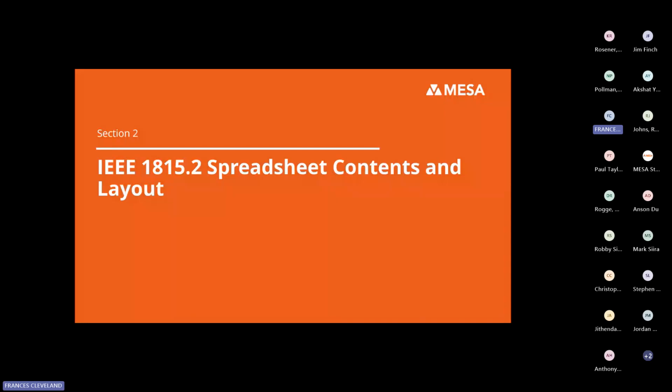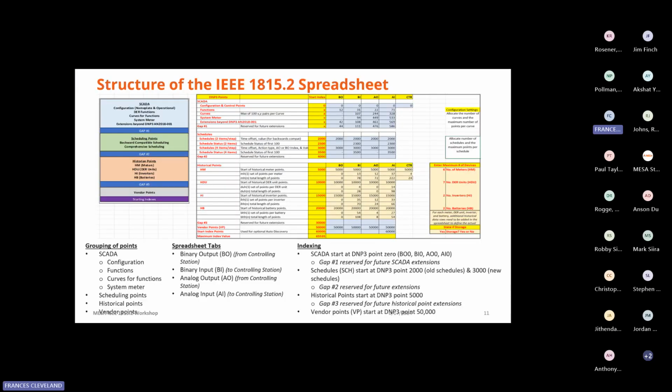Going forward, I'm now going to get more into the spreadsheet itself because that's what's, in a sense, novel about this standard. The spreadsheet consists of a number of tabs, as typical for a spreadsheet.